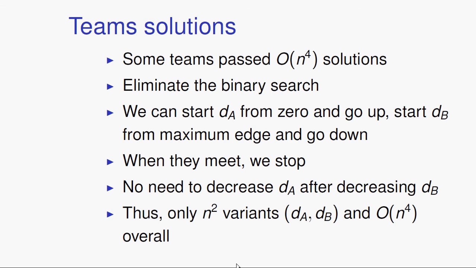And then we don't multiply those, we just add them up, because dB goes only down and dA goes only up. And thus there are only n squared variants for the pair dA and dB instead of n squared log n when we were using binary search. And given that the inner part, the 2SAT part, works in n squared time, we get the solution which works in the time n to the power of 4, which is sufficient to pass the time limit.